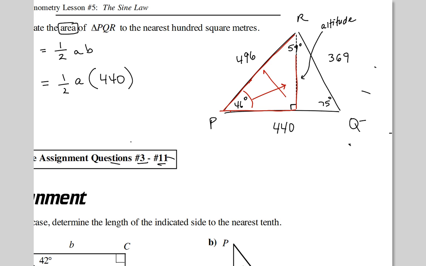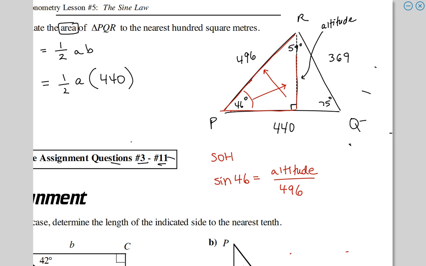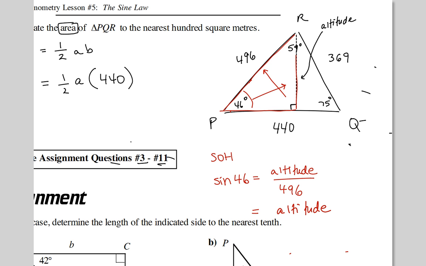And we can use 496 as the hypotenuse, so that would be SOHCAHTOA. Sine of 46 equals the altitude, the opposite side, divided by 496. There's going to be a little bit of rounding error because I rounded 496, but that's okay. So cross multiply and you'll solve for the altitude. 496 multiplies up.